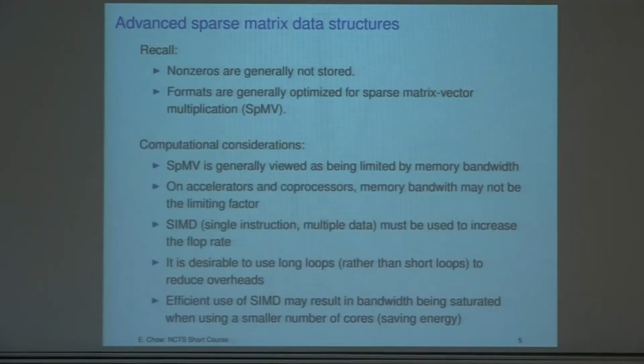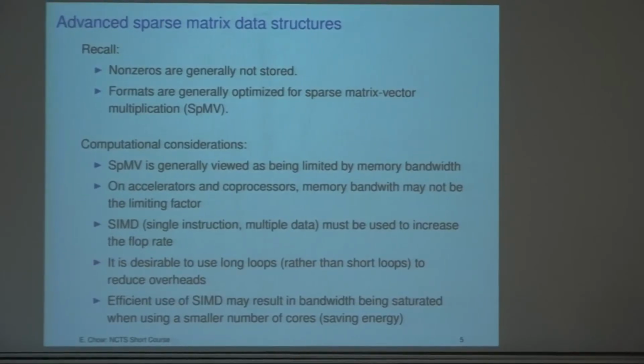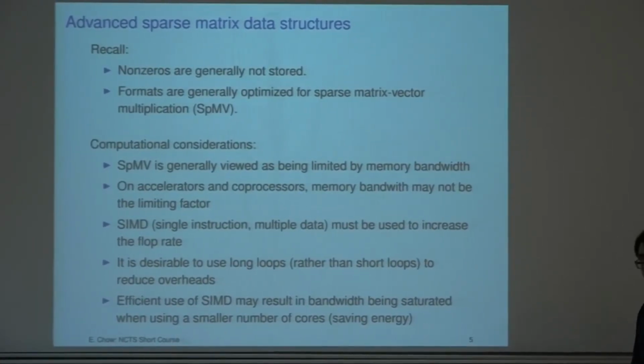So recall that when we have a sparse matrix data structure, the non-zeros are not generally stored. Okay? And that the formats are generally optimized for sparse matrix vector product computation. Okay, so we said this last time. And here are a few computational considerations. So to perform the sparse matrix vector product, we have to traverse all of the matrix A. Okay, and we saw that the access pattern for that is fairly predictable.